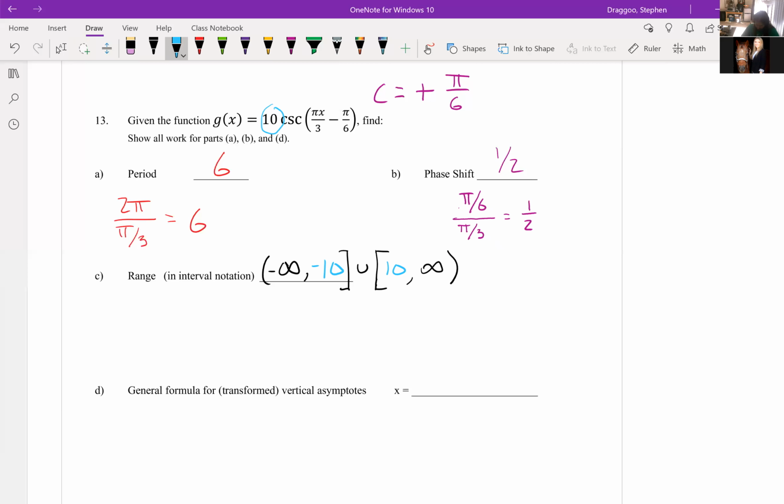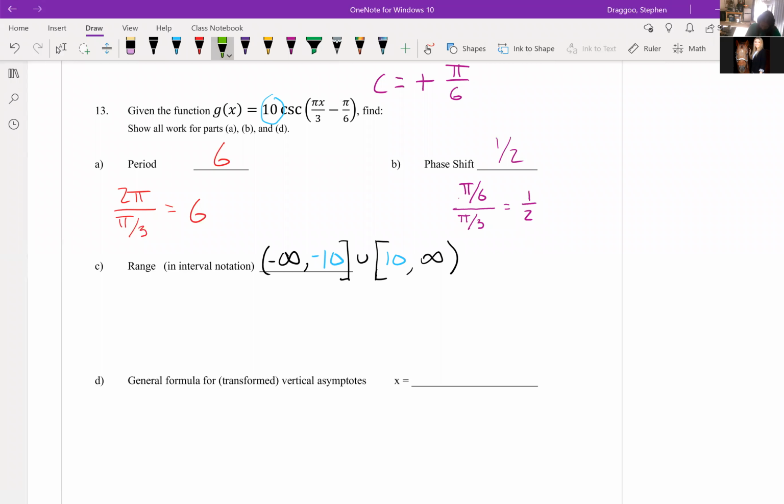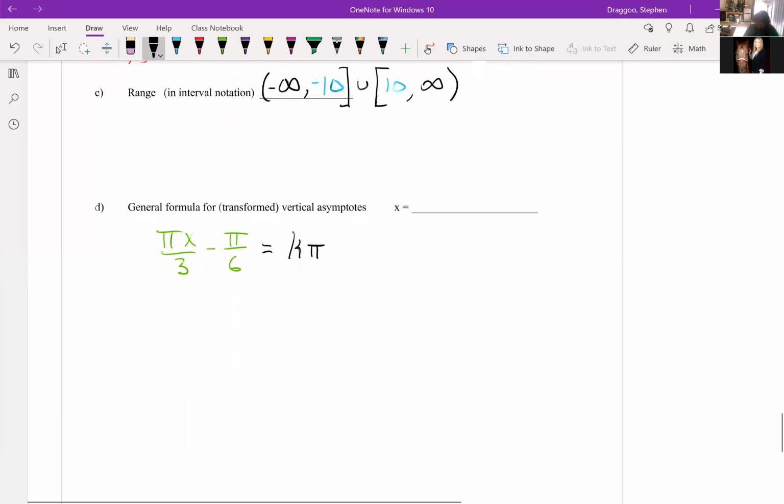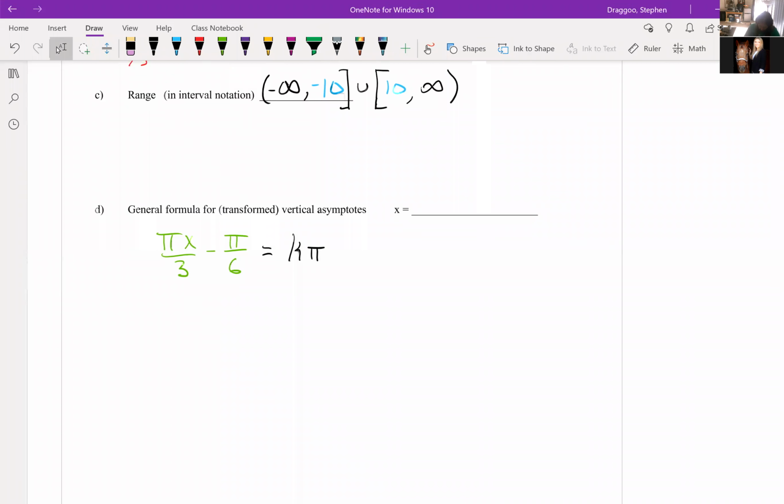Then I need the general formula for the asymptotes here. So I'm going to take everything that's on the inside of that cosecant function, which was pi x over 3 minus pi over 6, and set that equal to k pi. And then I'll do a little bit of work to solve that for x. So this means that pi over 3 x is equal to pi over 6 plus k pi.